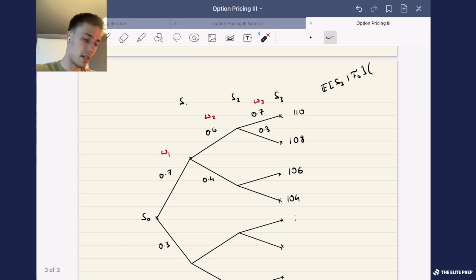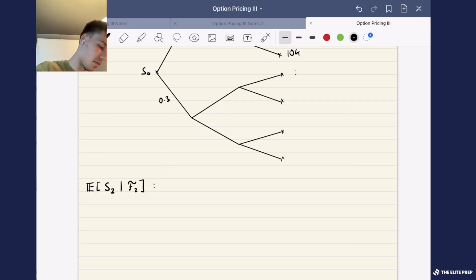So here, this is actually a function of omega 1, omega 2. So I'll write that a little bit lower so I have more space. So it's a function from F2, or the specific value in F2, to R.